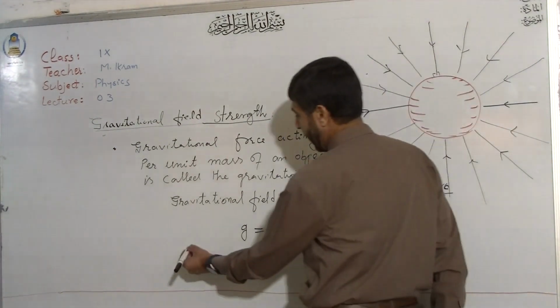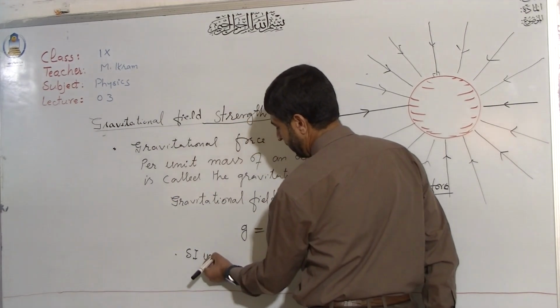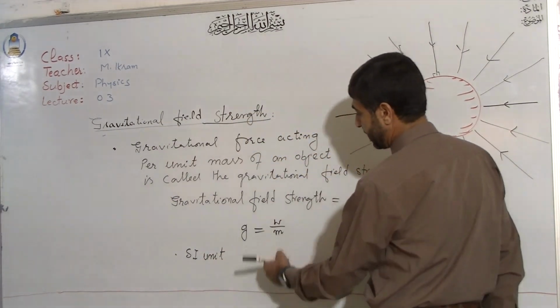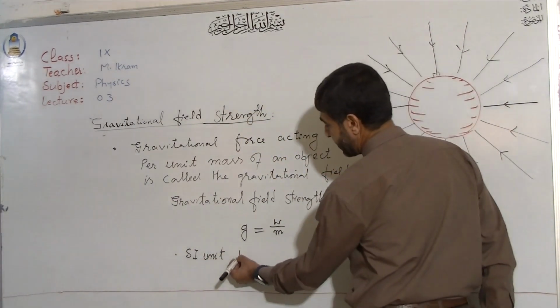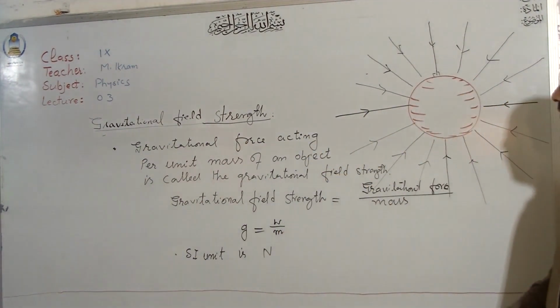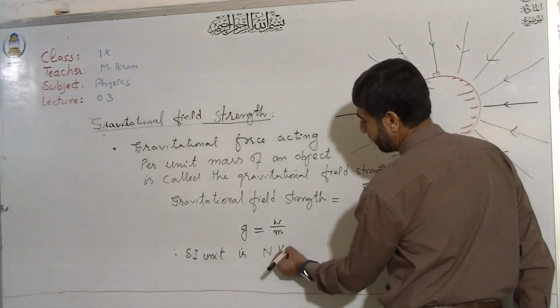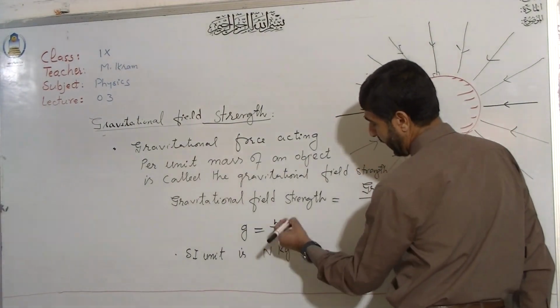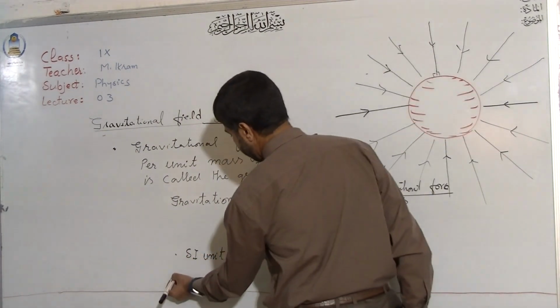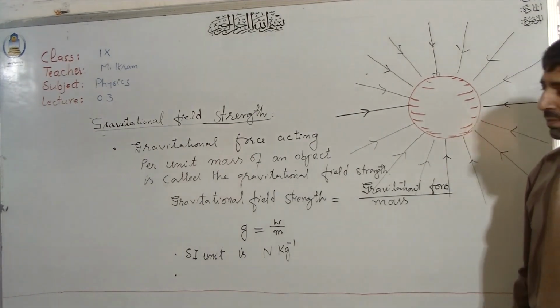Now, what would be the SI unit of this? The SI unit of the gravitational field strength is Newton per kilogram, because force is measured in Newton. And the nature of this gravitational field strength is that it is a vector quantity, remember.